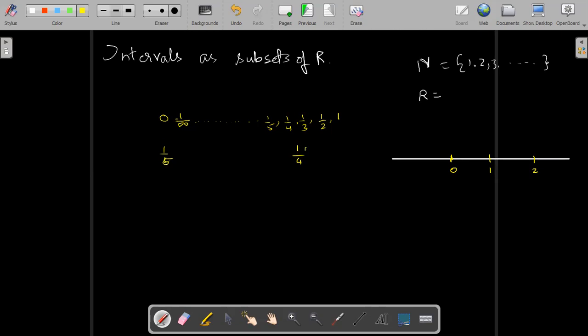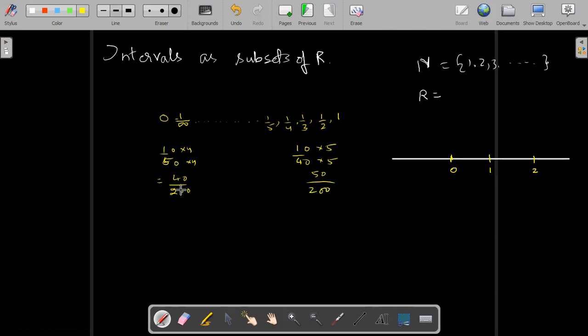How? We will multiply by 10, or we can make the denominator 20. So we multiply this by 4 and this by 5. These are equivalent. So 40 upon 200 and 50 upon 200.